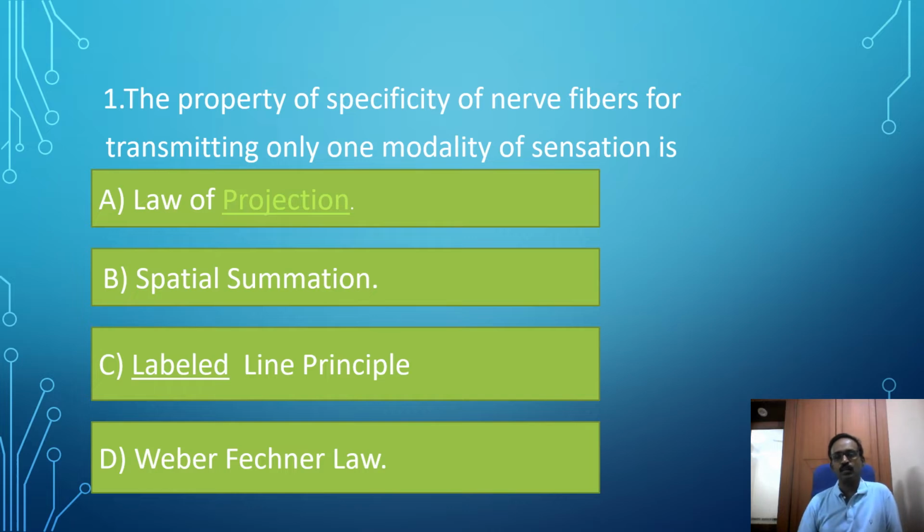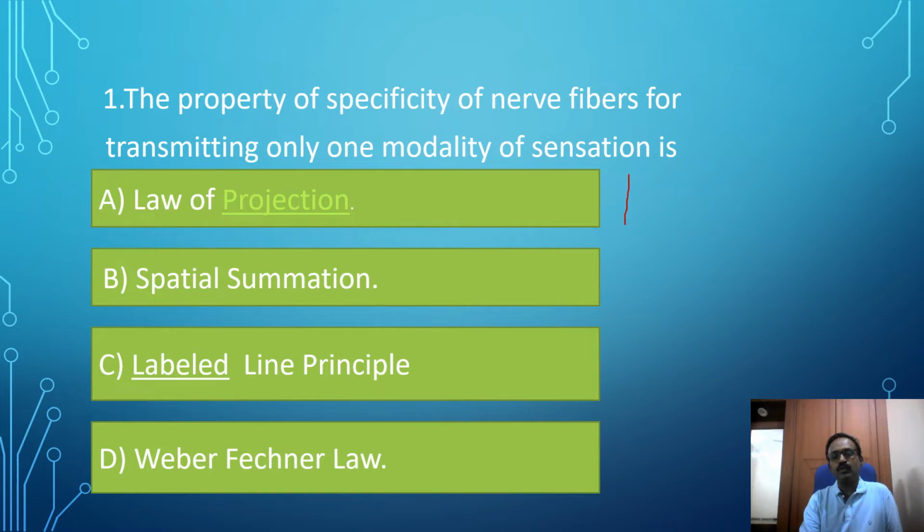What is law of projection? If you stimulate the sensory pathway anywhere, the sensation is perceived in the receptor area. That is the law of projection. This will explain the phantom limb phenomenon. So this is not the correct answer.